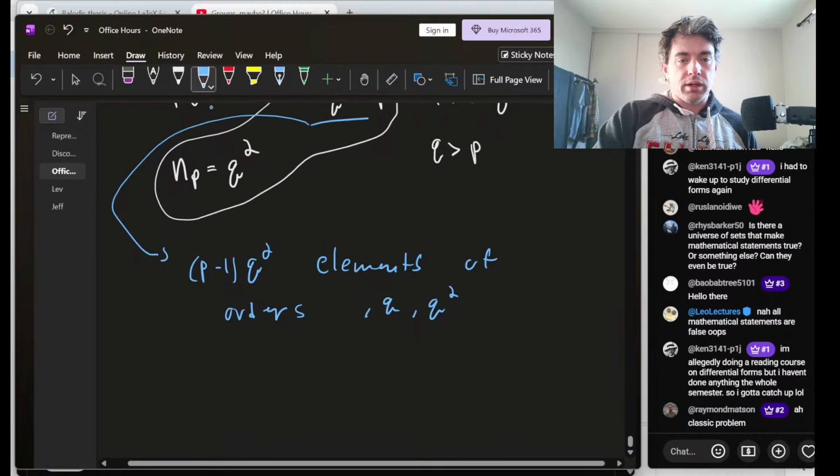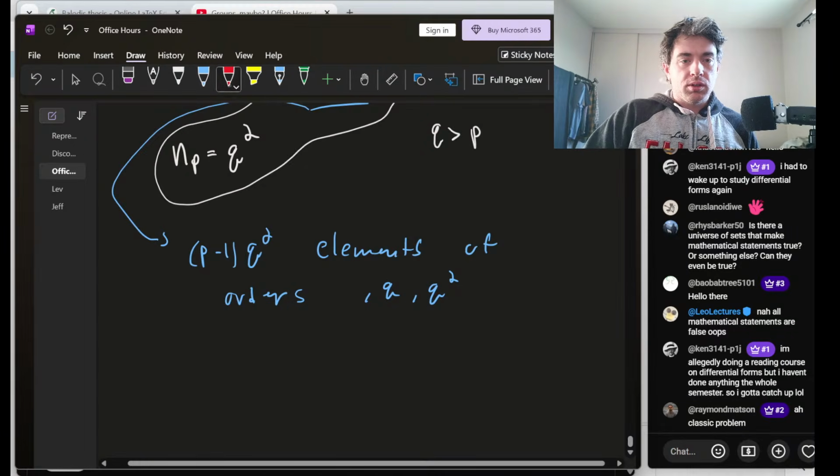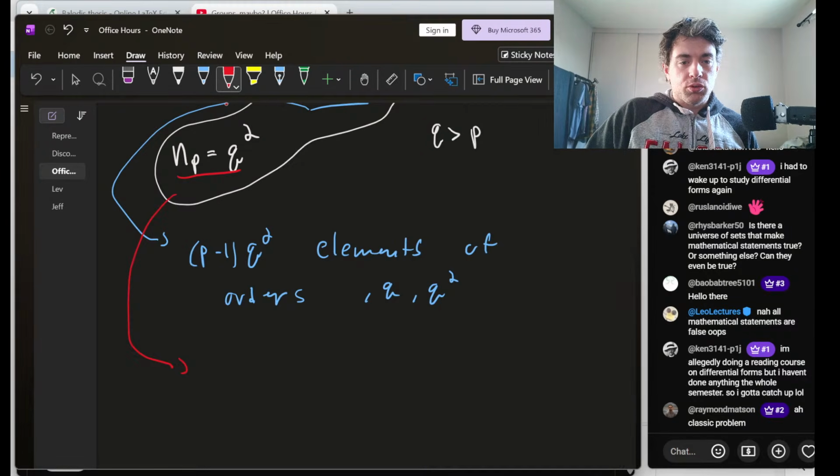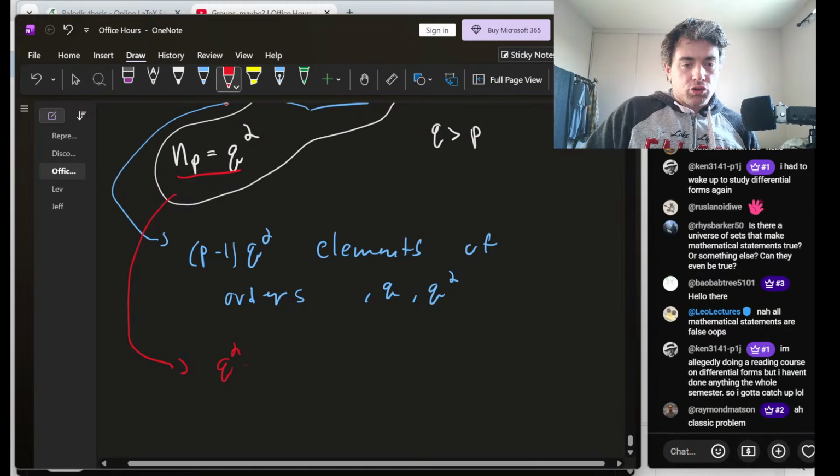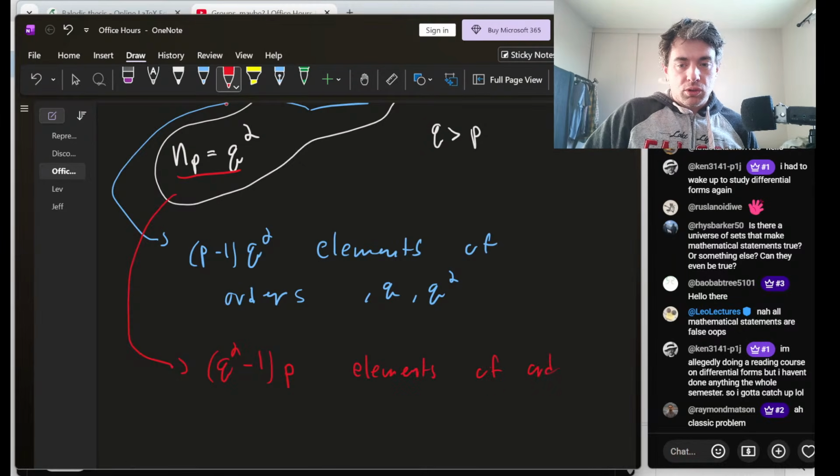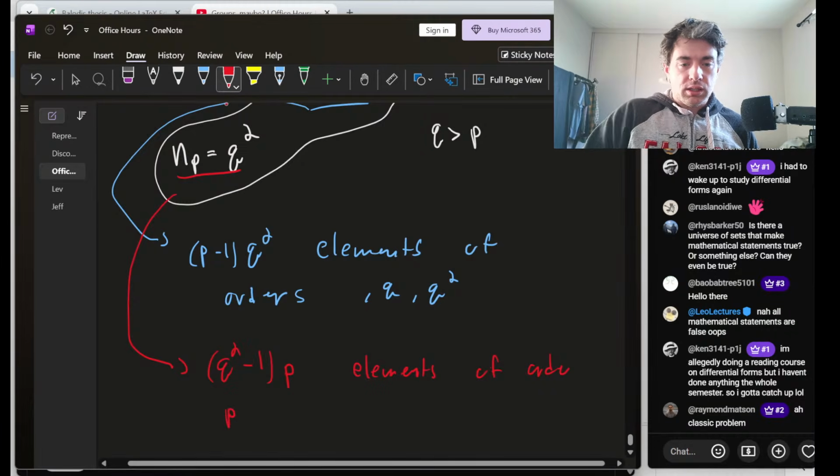So meanwhile, from np being q squared, this would mean that we have q squared minus 1 times p elements of order p.